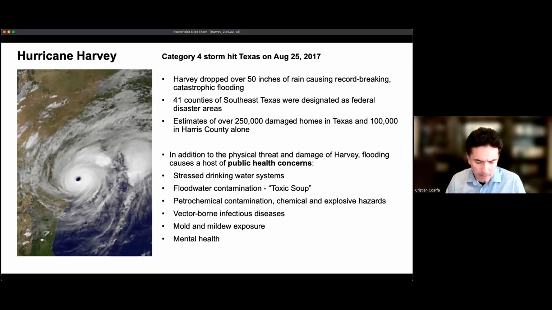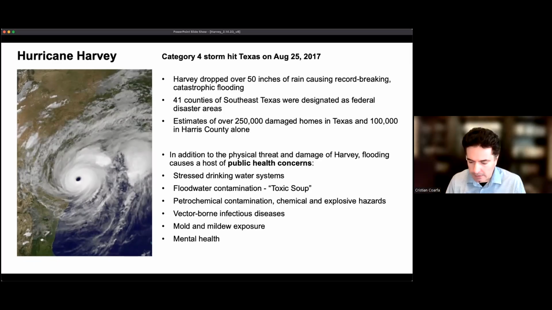And during this flooding, there were a number of other public health concerns. Particularly, there was floodwater contamination, almost a toxic soup. Houston as a city houses a lot of petrochemical industries, so there was a lot of contamination. Don't forget, Houston has a number of Superfund sites. Also, flooding led to mold and mildew exposure.